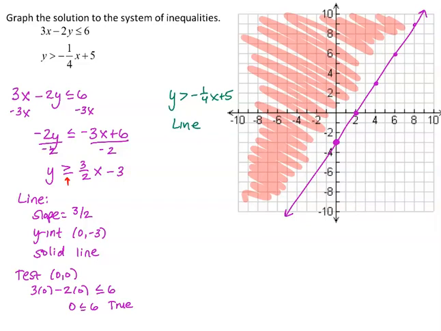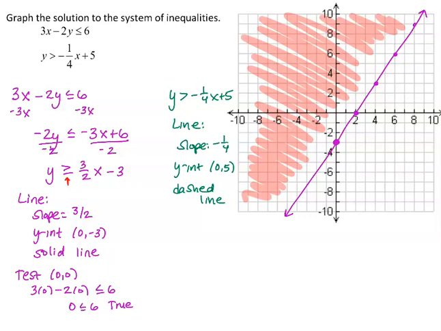This time the slope is a negative 1/4, so it's going to go down 1 and right 4. And it has a y-intercept at the point 0, 5 from our b value of positive 5. This time this inequality symbol is strictly greater than. It doesn't have the equals option.